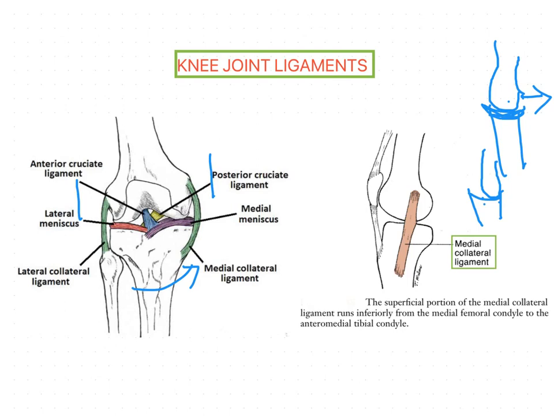So a posterior gliding of the femur on the tibia also causes an anterior displacement of the tibia. Or the femur is stable, and then there may be movement of the tibia.